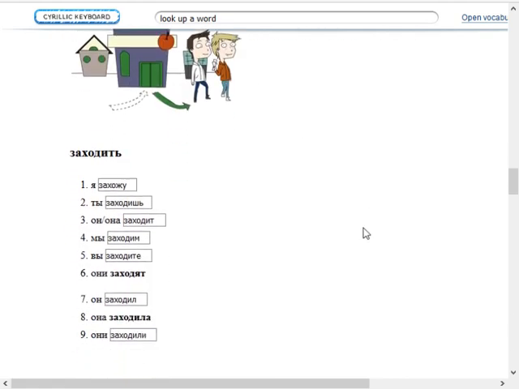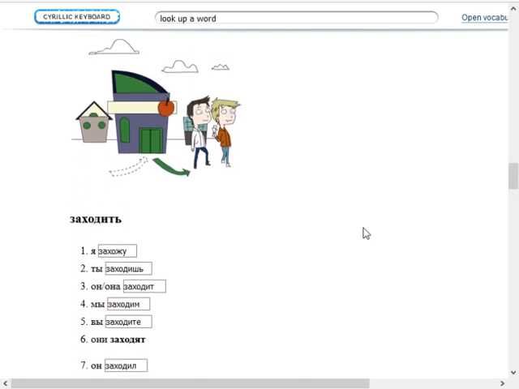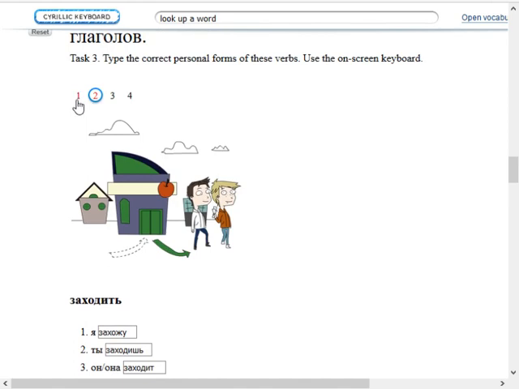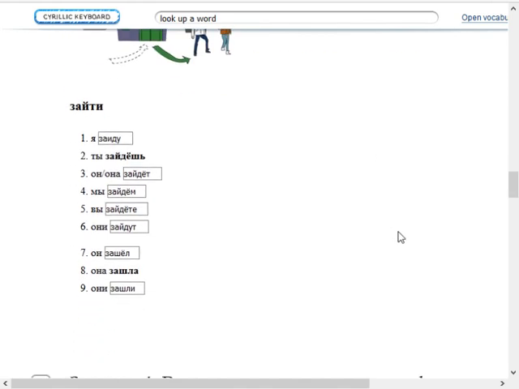For заходить, what do we have? We have я захожу, заходишь, заходит, заходим, заходите, заходил, заходили. Everything looks quite in order.